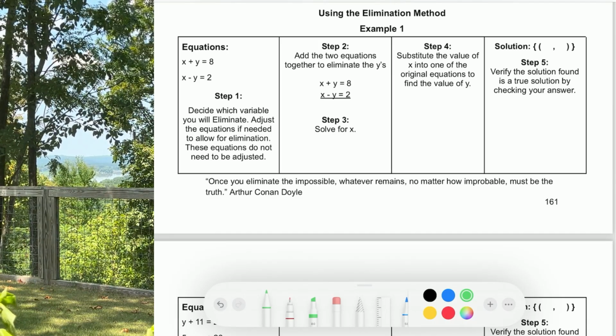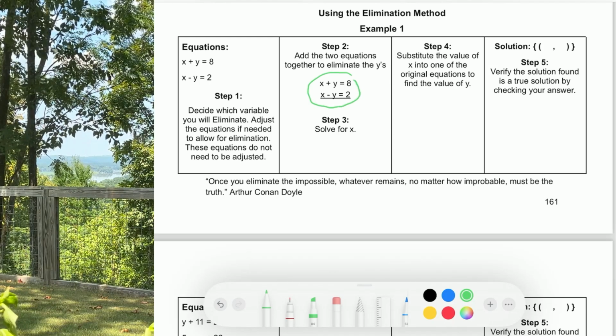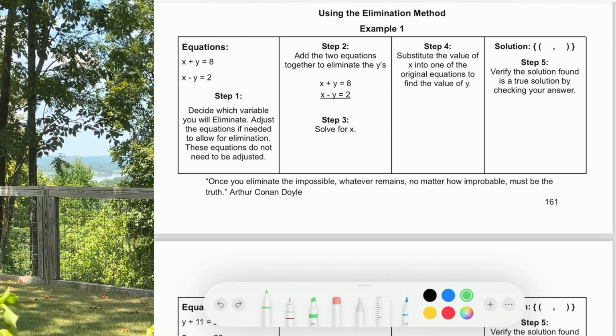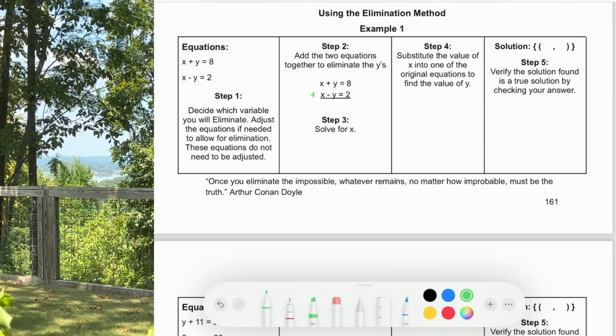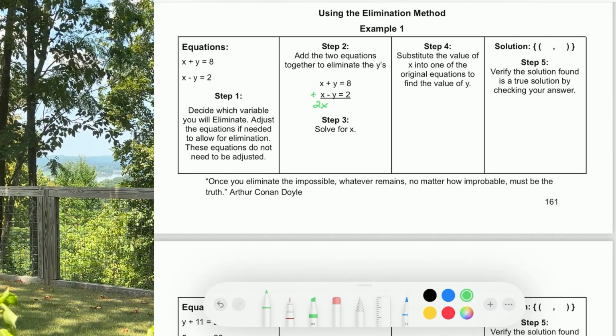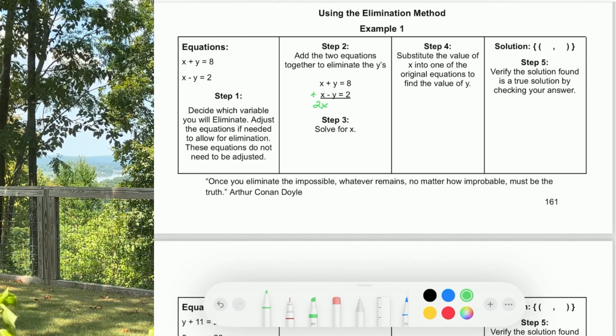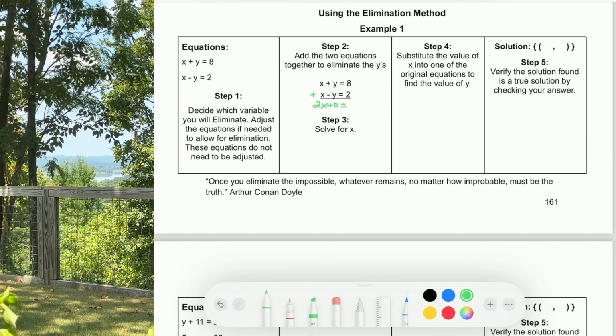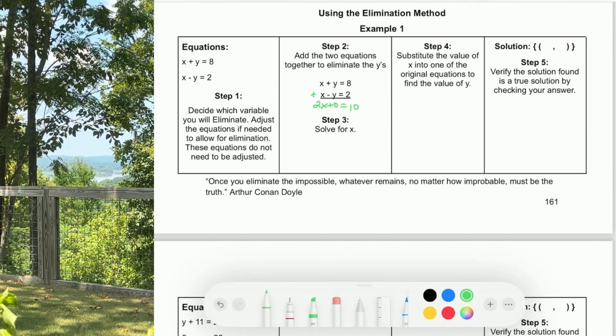And so what I'm talking about is right here. Step 2. If I add these two equations together, x plus x gives me 2x. Y plus a negative y gives me a 0. They canceled each other out. And then 8 plus 2 gives me 10.